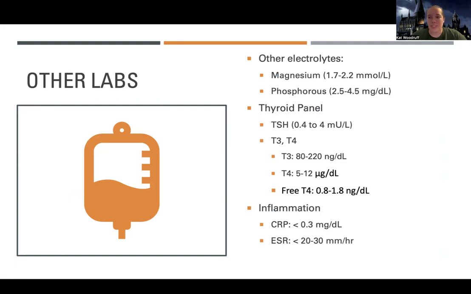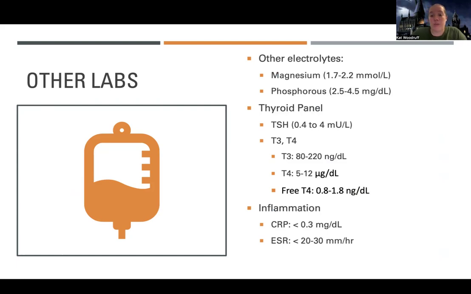So we can look at TSH, but the better measure of how a patient's doing with their thyroid is going to be the actual hormones, which is T3 and T4. And this is deeper beyond my stretch as I am not a provider, but here are some normal values. Usually if they're low, then we're going to give them hormone replacement. If they're high, then we're going to do treatments for hyperthyroidism, which can vary depending on surgery, radiation treatments, and other things like that versus medications to bring those numbers down.